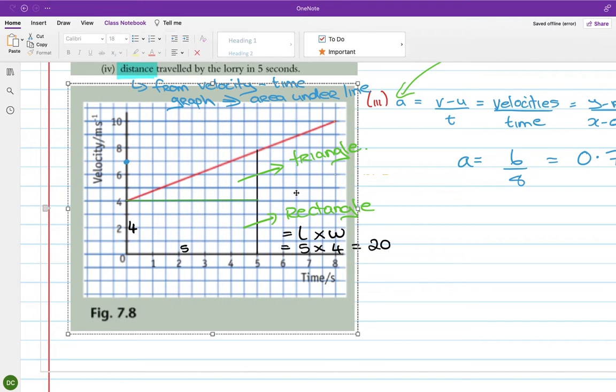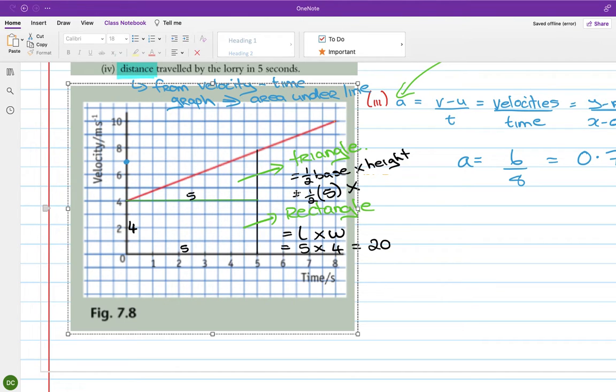And then the triangle is half the base multiplied by the height. So half. Now the base is going to be the same, base is going to be 5. It's half the base multiplied by, now this height is a little bit tricky.